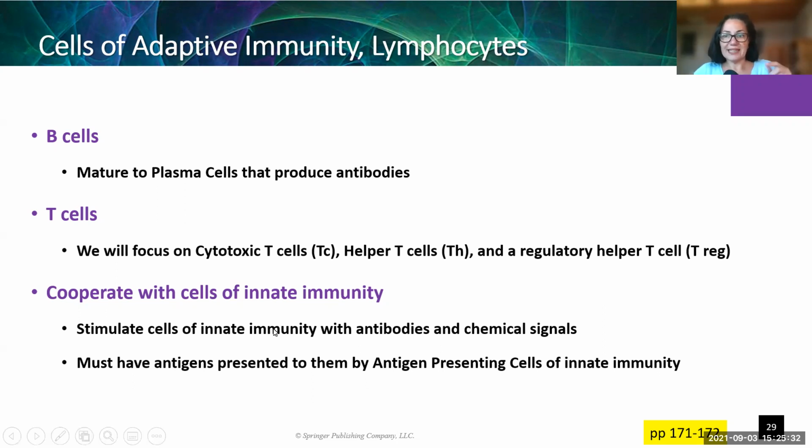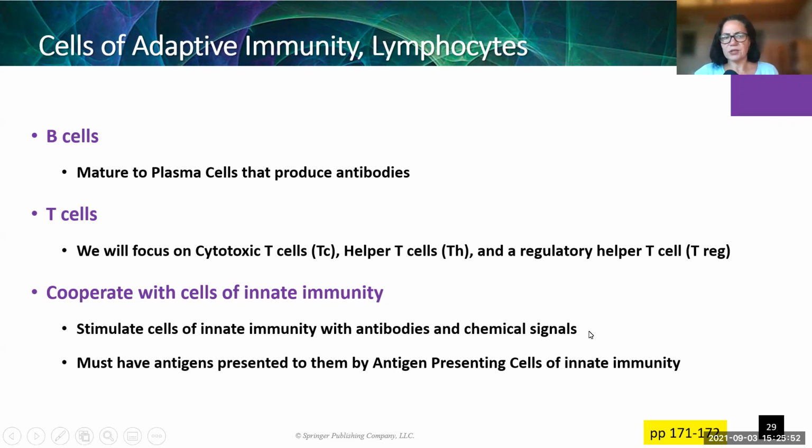One of the ways that they know that something needs to be eaten is because they find it covered in antibodies. The antibodies are sticking all over this thing, and we call that opsonization, and that's how the macrophages and neutrophils know that's something they have to go after.